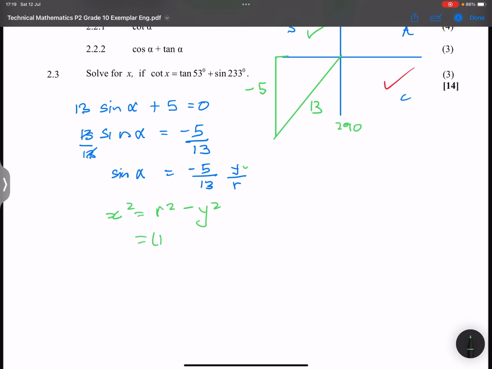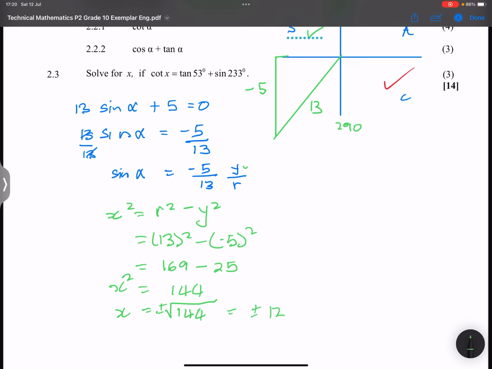So that's going to be 13 squared minus negative 5 squared. That's 169 minus 25, which gives us 144. If we take the square root, x would be the square root of 144, but remember, this would be plus or minus 12.